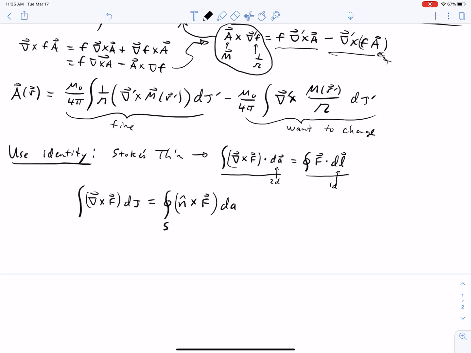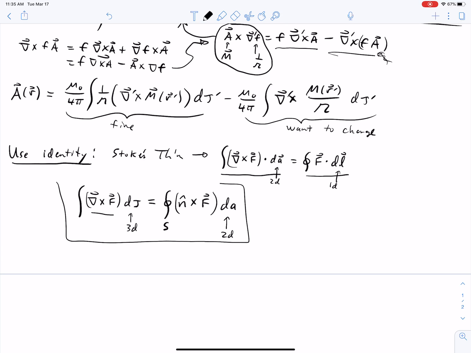And this should make kind of sense, because I'm going from 3D, taking the derivative of the vector field and integrating it over 3D, and that's equal to the vector field itself over 2D, integrated over the boundary. So it should look kind of familiar. Even the directions of the vectors make sense if you think about it. But I'm not going to derive it, so I'm just going to take this as a theorem.